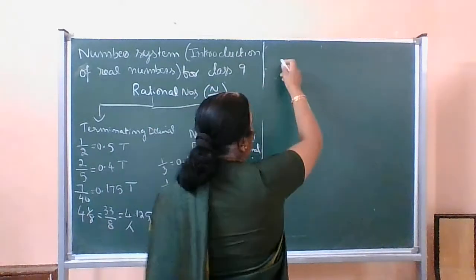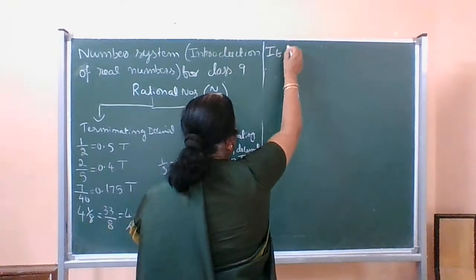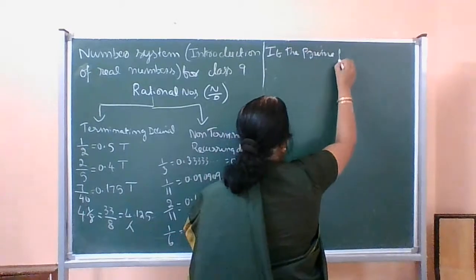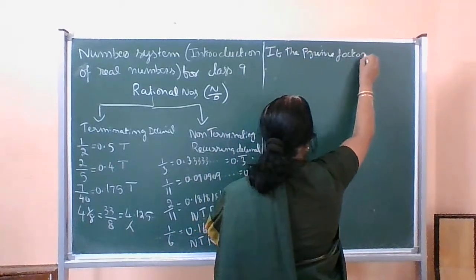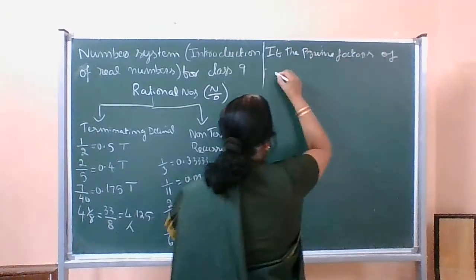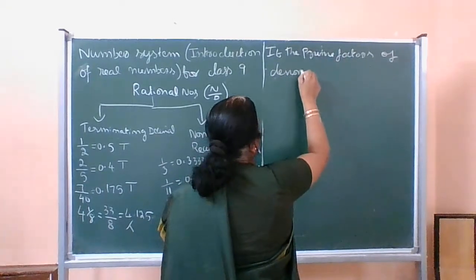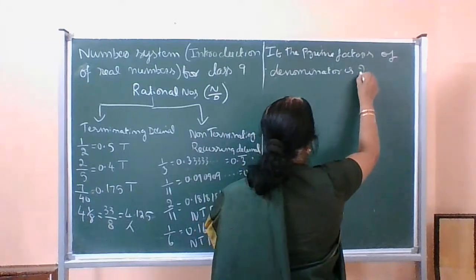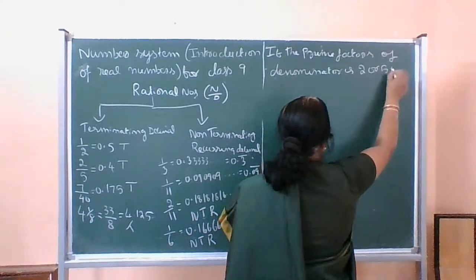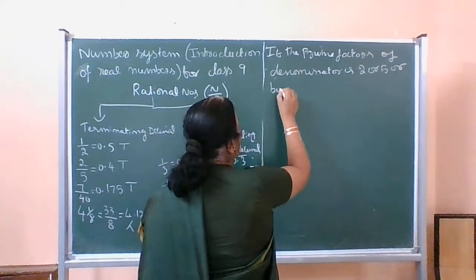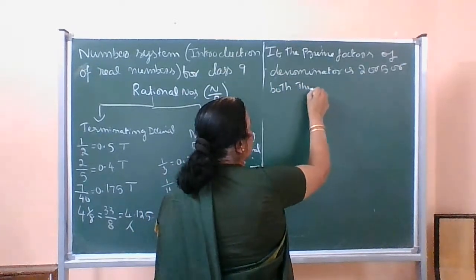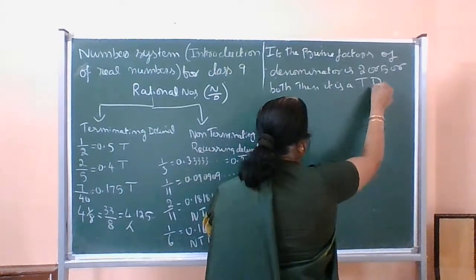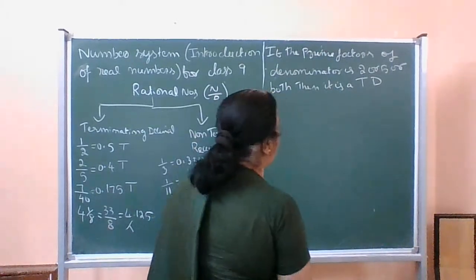That means if the prime factors of the denominator are 2 or 5 or both, then it is a terminating decimal.